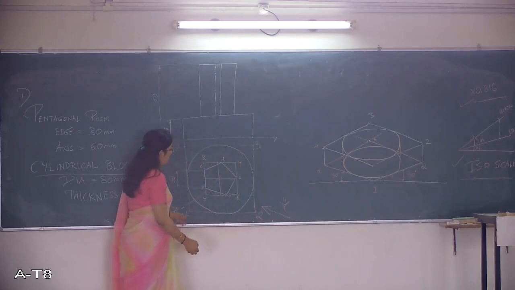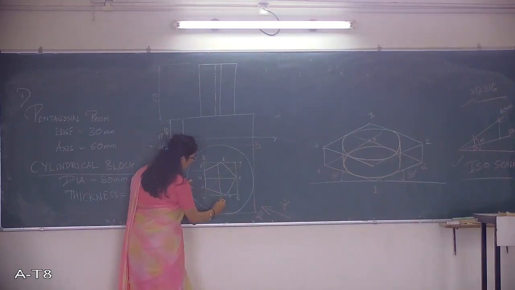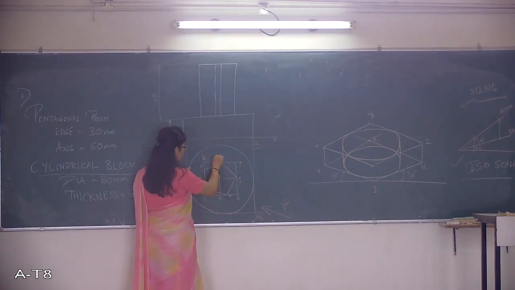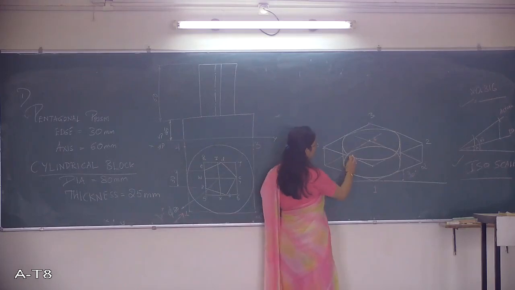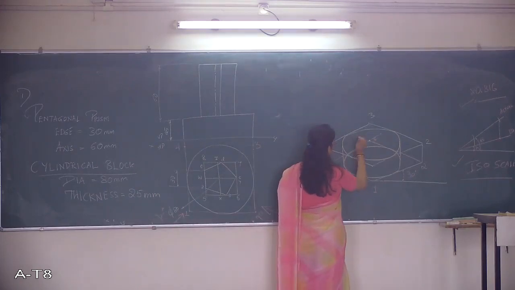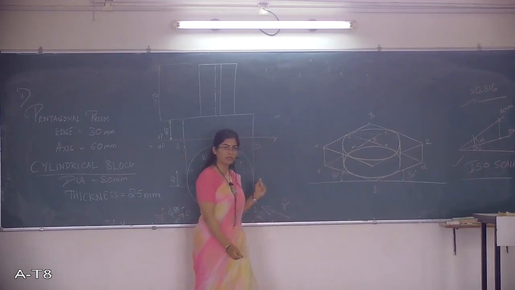Next, from this point, I'll mark this as W, X, Y and Z. This W is what you see here. So W, X, Y and Z is what I have marked here.